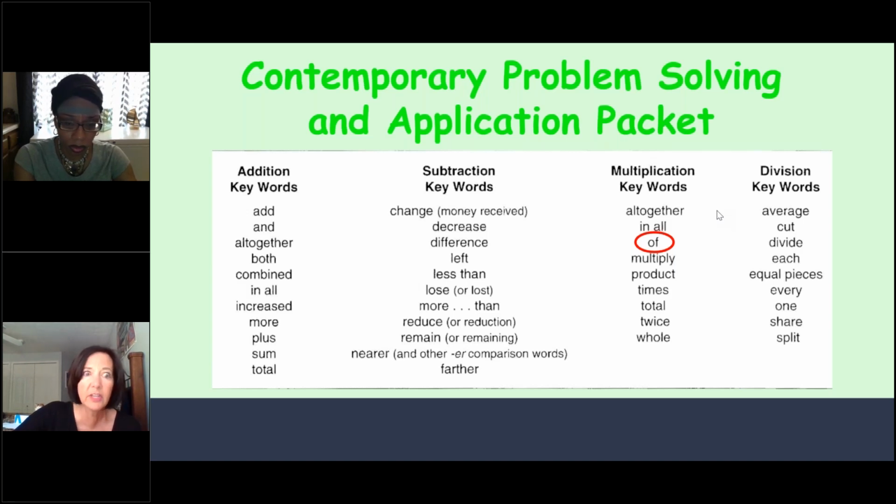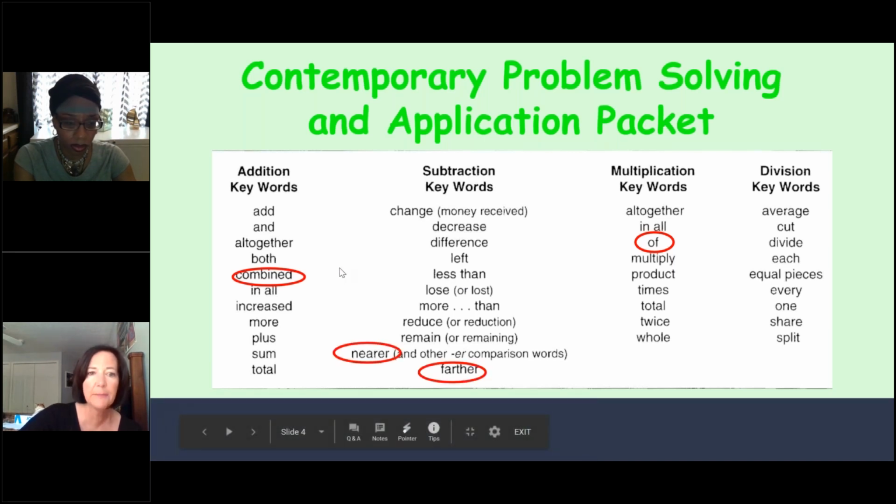But some other words that I thought were helpful. When you're adding, you might hear the word combined. That comes up a lot. When you're subtracting, if you're asked if things are nearer or if things are farther, that's a good keyword.